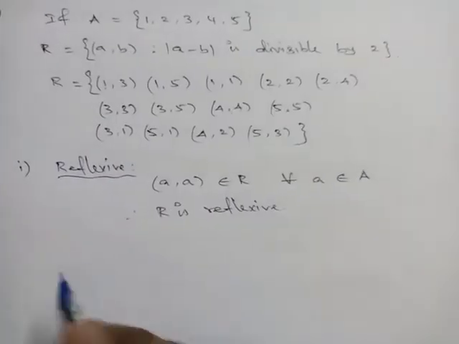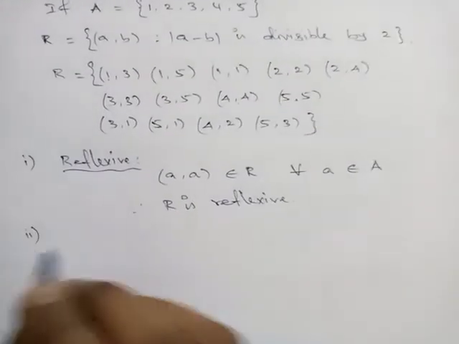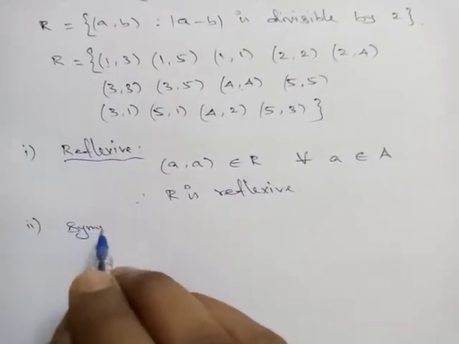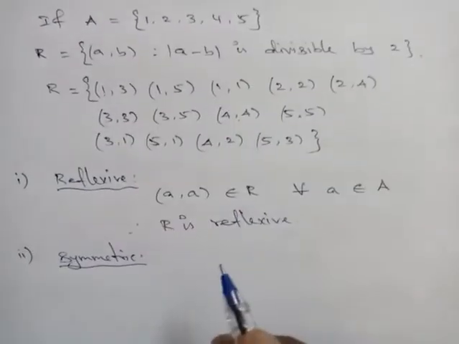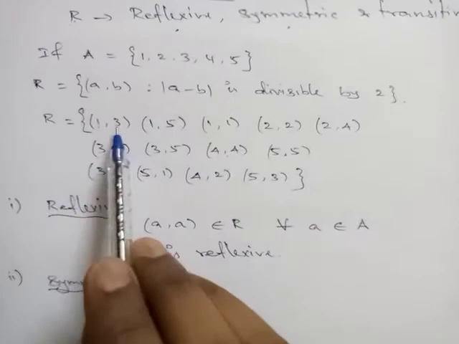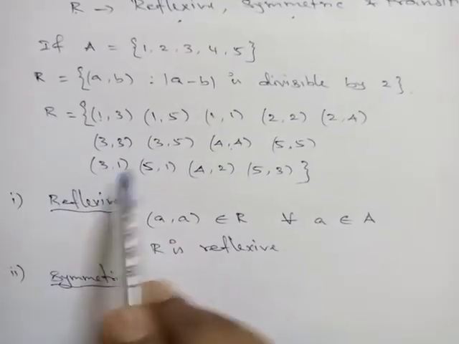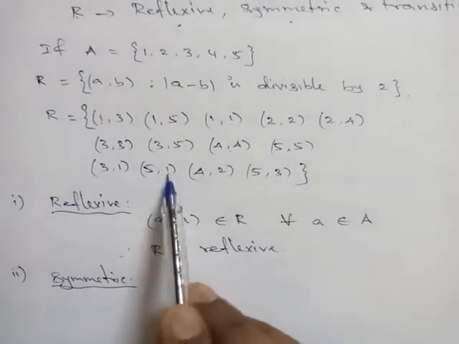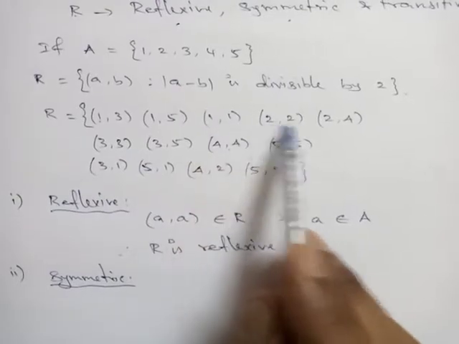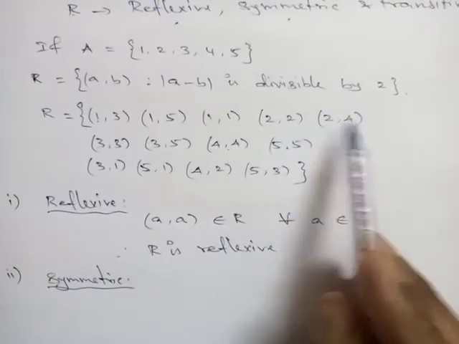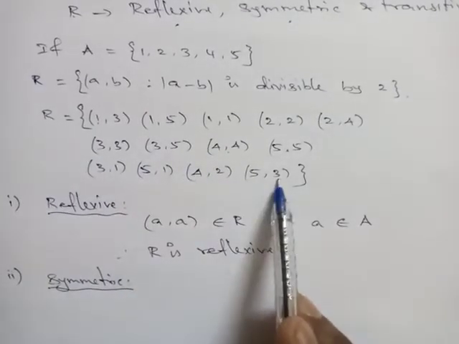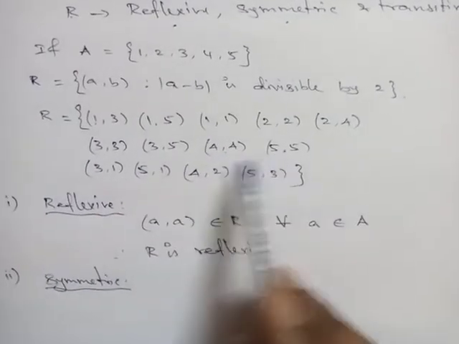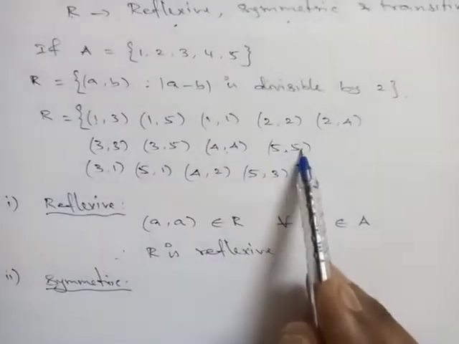Next, symmetric. How we are telling that symmetric? See here 1 comma 3 is there, 3 comma 1 also is there, 1 comma 5, 5 comma 1, 1 comma 1, 2 comma 2, 2 comma 4, 4 comma 2 is here, 3 comma 5, 5 comma 3, 4 comma 4, 5 comma 5.